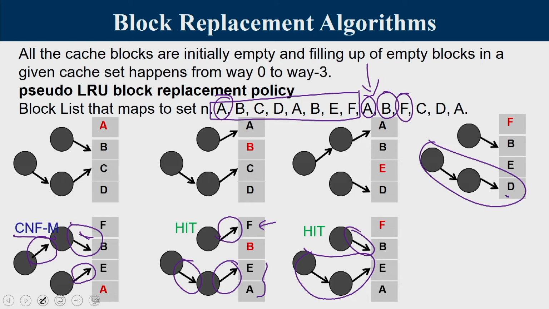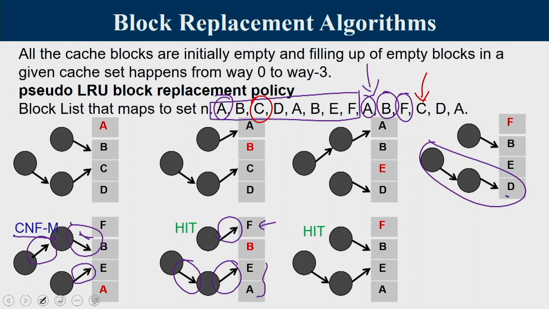And then we have C. C is again a miss, but we have to understand that at this point the pseudo LRU tree looks like this. Whenever there is a miss for C, and C was accessed before but now C is not present, that is a conflict miss. It is not a compulsory miss. A compulsory miss is whenever we encounter a miss for the very first time as far as that block is concerned.